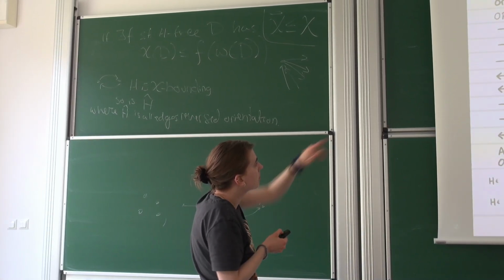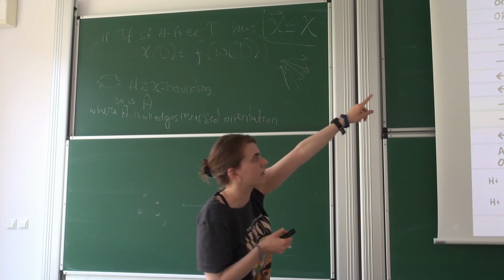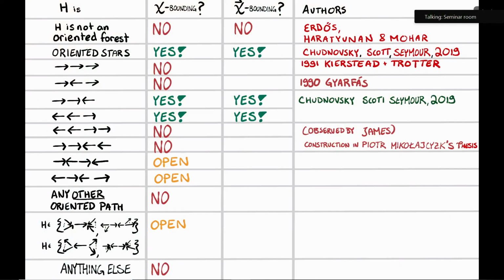So one thing that's clear is, well, one, I already gave you the result for non-forests from Harutyunyan and Mohar, and also chi, unfortunately, the directedness of the chi is covered by the zoom bit, but there's an arrow over that. The second column is chi, and if you're chi bounding, you're also di-chi bounding, because chromatic number is always an upper bound for dichromatic number.